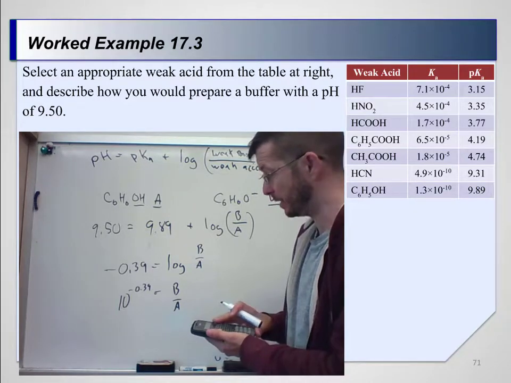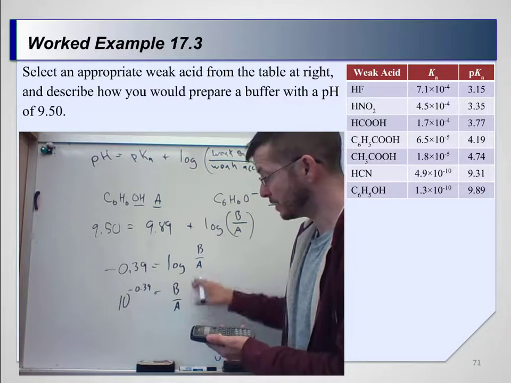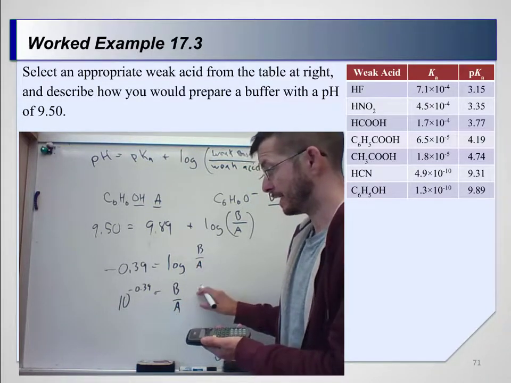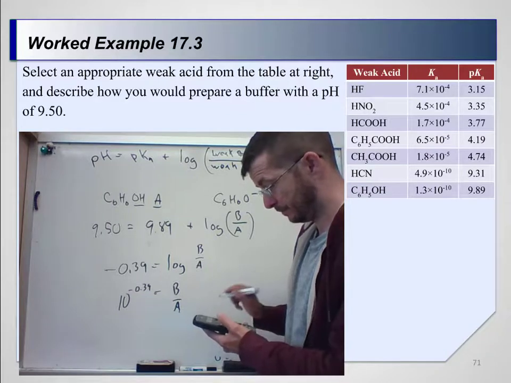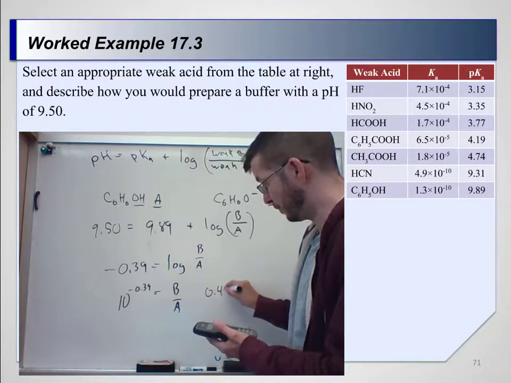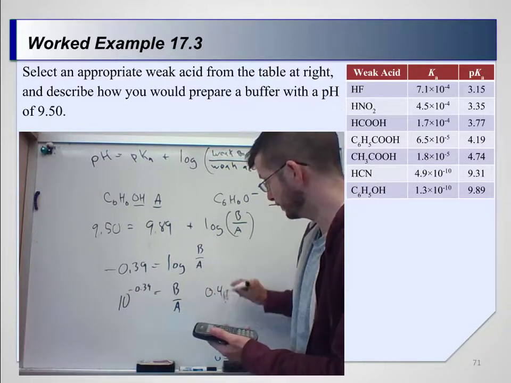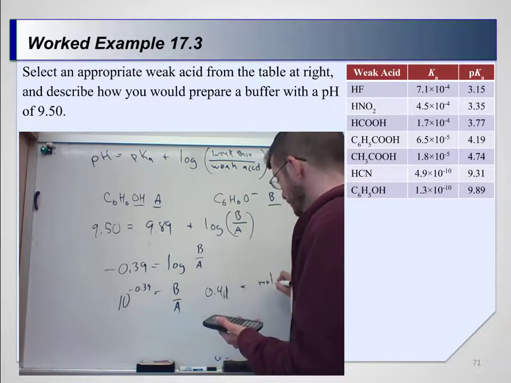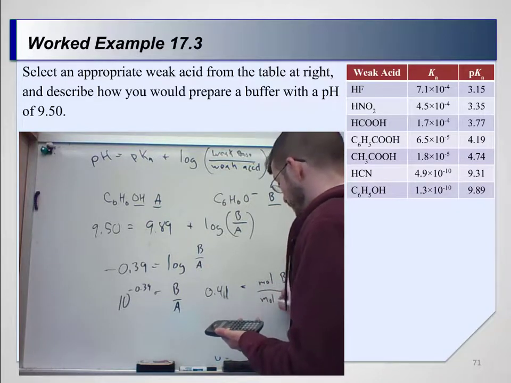That leads to our ratio. So our ratio here, base to acid, has to be 0.41, which is equal to the moles of base, or the molarity of the base, divided by the moles of acid.